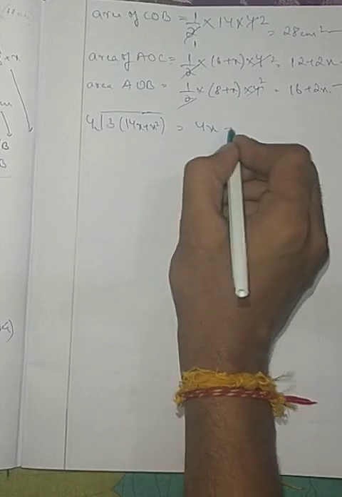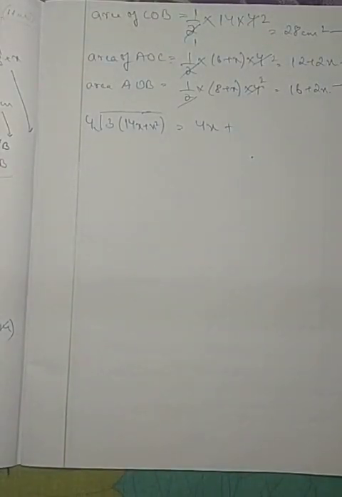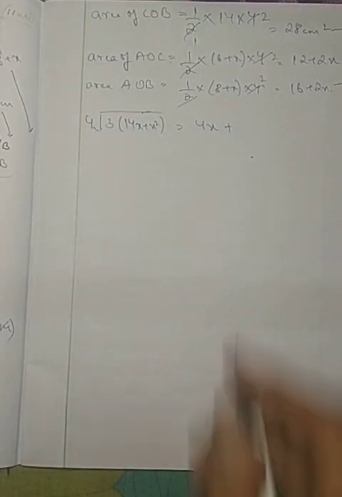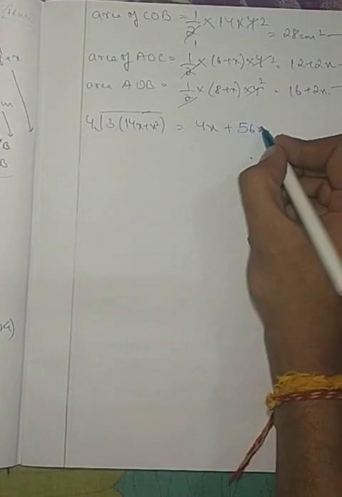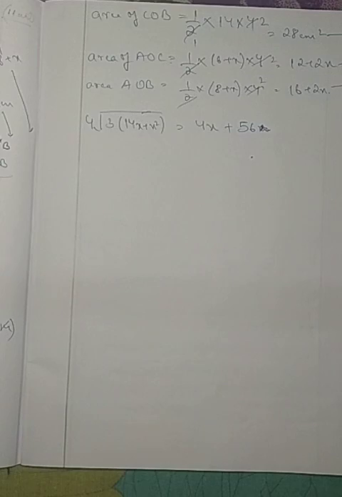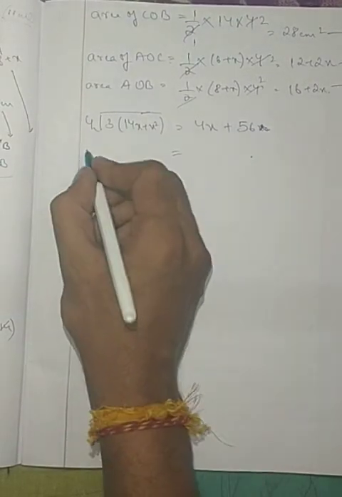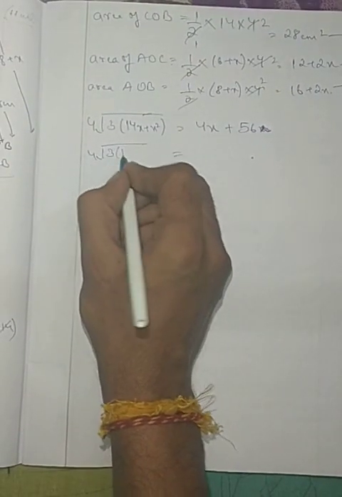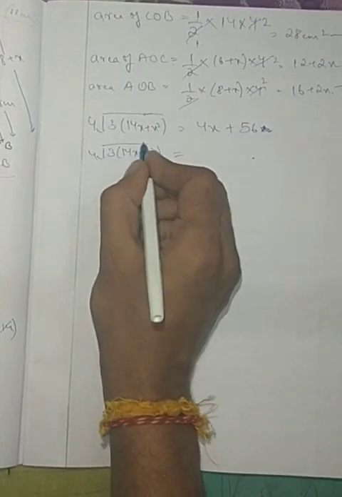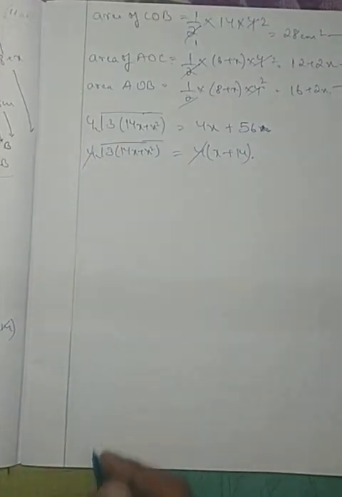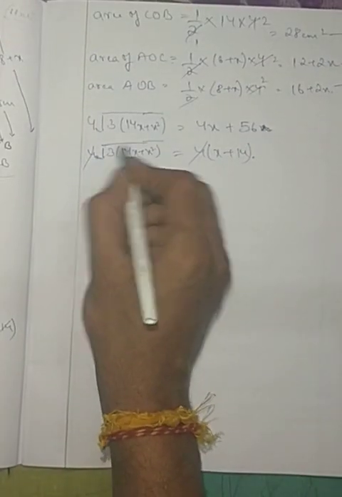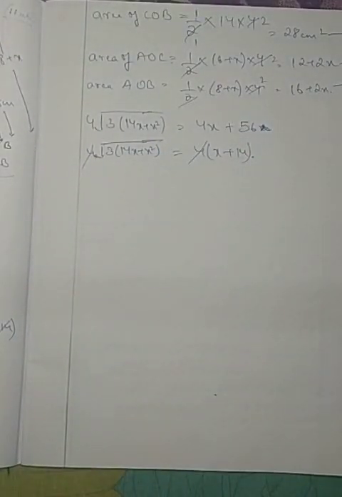What we will get? 4x plus 28 plus 12 plus 16 gives you 56. Now to solve this, you can write this as it is. Take 4 common, x plus 14. These 4 cancel. Now you have to remove the under root sign to get the answer.